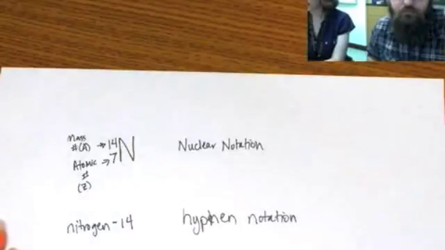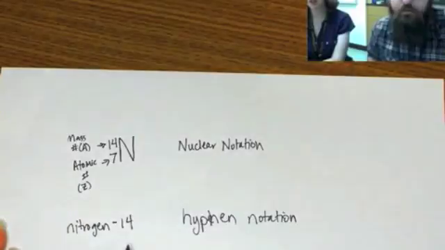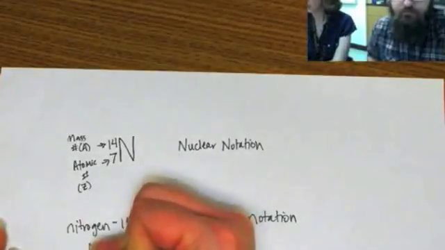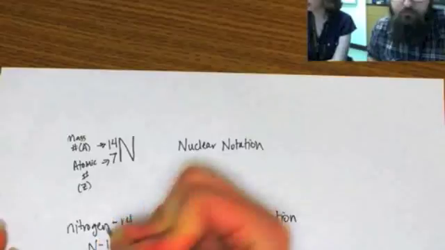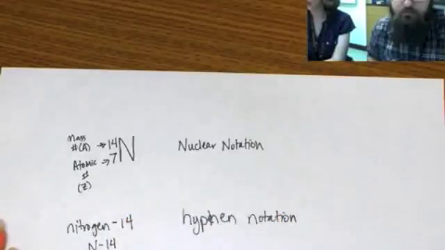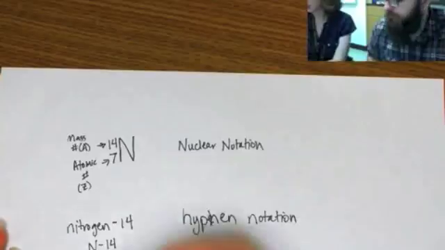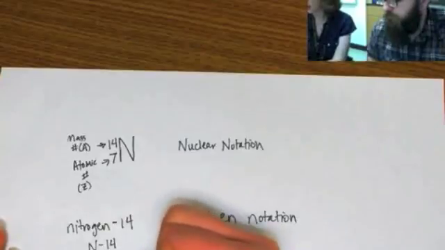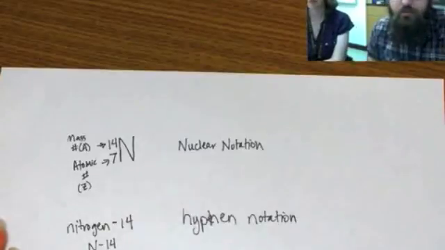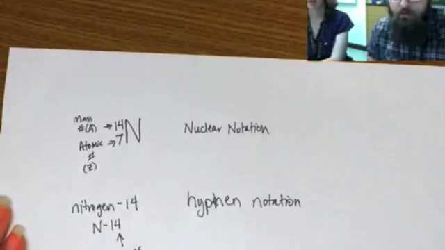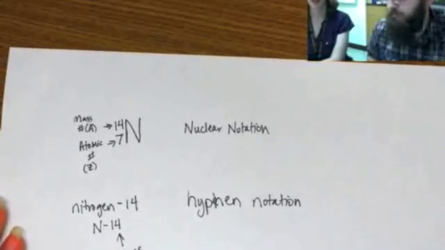We can also write it just with our mass in hyphen notation. Occasionally you will also see this where we just use the symbol and the mass. But if you ever got the element name or the element symbol with a hyphen and a number, this number will always, always be your mass. Because I can always look up at the periodic table to find out what the atomic number is. So we don't need to give you that.